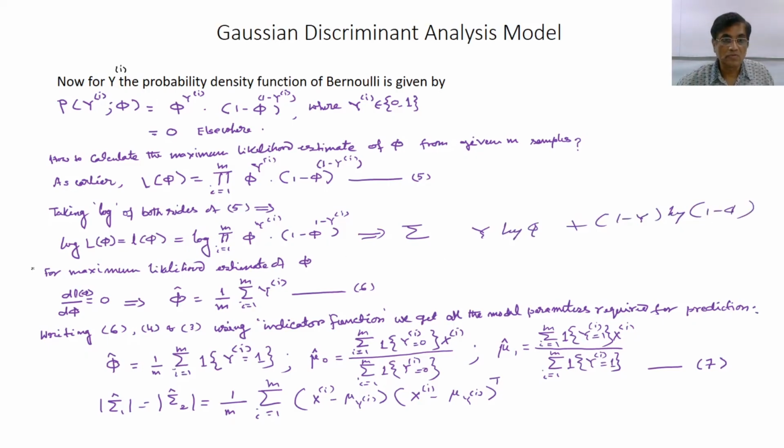Now you make this function, the small l function, which is a function of phi. You need to estimate the maximum likelihood estimate of phi, so you differentiate with respect to phi and set it to 0. You will get the optimum phi, which is nothing but 1 by m times the summation of i equals 1 to m of yi.